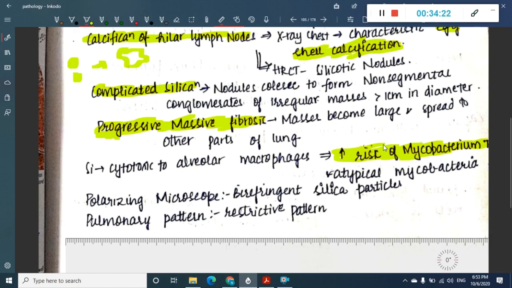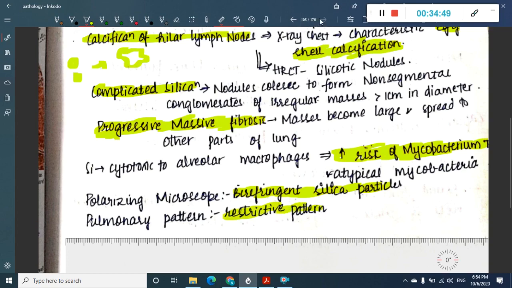Whenever silicosis is associated with tuberculosis, a new term is given to it, that is silicotuberculosis. I have shown you the pictures of the polarizing birefringent microscope also, which shows birefringent silica particles. Obviously, in pulmonary pattern most of these are restrictive diseases except one. All these are restrictive lung diseases.